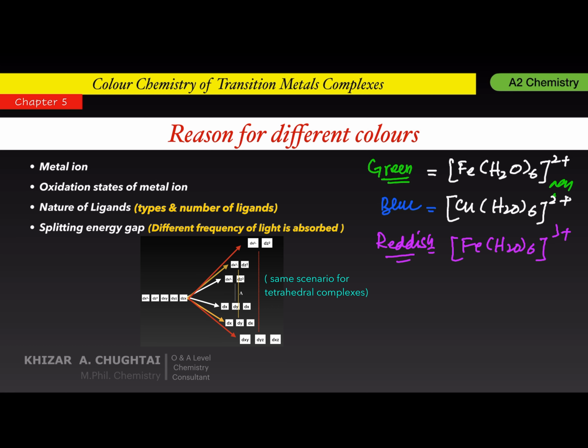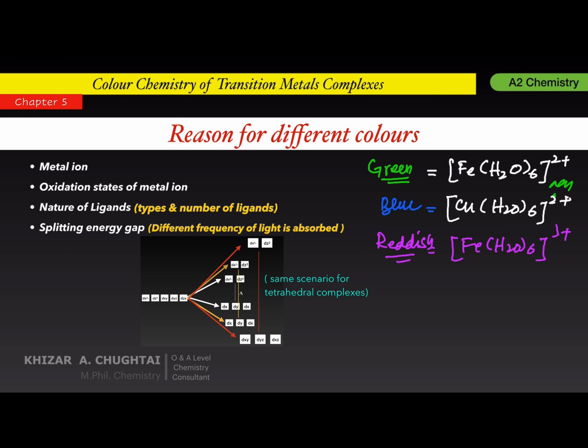Why are the first 2 complexes showing different colors? Basically, the number of ligands is the same, the nature of the ligand is also the same, even the charge on the complex and the charge on these 2 metals are also the same, but the color is different. The reason is there are 2 different metals. This is the iron and this is the copper one.